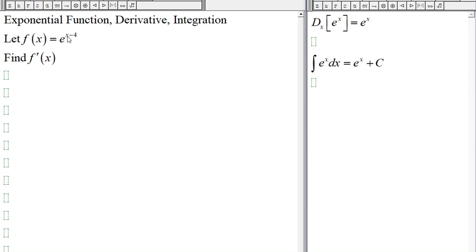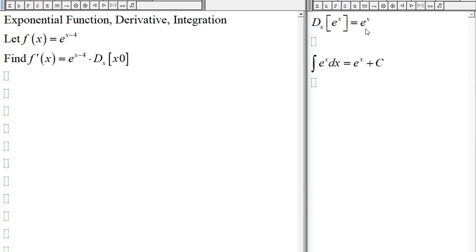And so here instead of x, we have x minus 4, so we have to use the chain rule right here. The derivative of e to the x is the same thing, so it would be e to the x minus 4, times the derivative of the x minus 4 part.